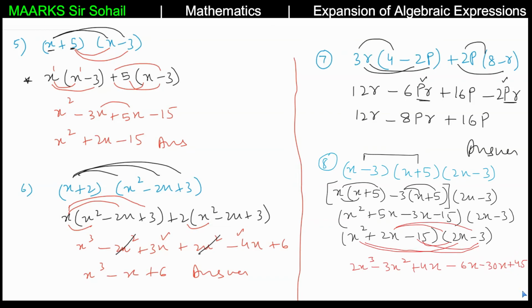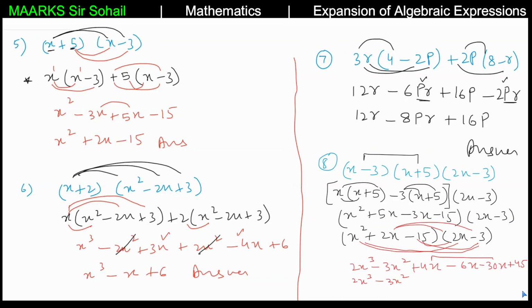Now we'll see if we can simplify it further. This is a 2x cube and we don't have any cube term, so I'll write 2x cube as it is. Then we have minus 3x square, and there is again no square term, so I'll copy it as it is. Then finally we have simplification here. This is 4x, this is minus 6x and minus 30x.